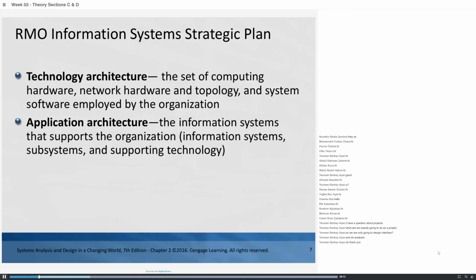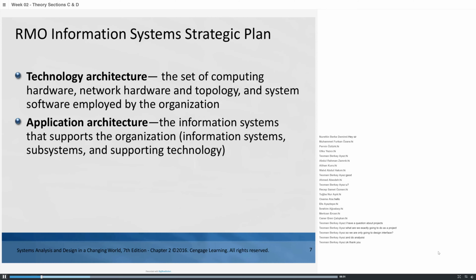The term technology architecture refers to a set of computing hardware, network hardware and topology, and system software, such as operating systems and database management systems, that are employed by the organization. RMO's technology architecture is, we can say, modern, but we have another goal to adopt a proven technology.